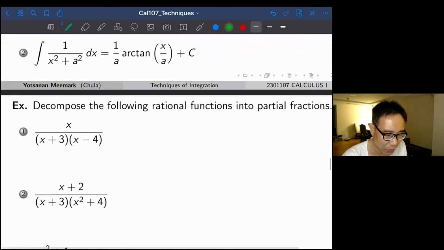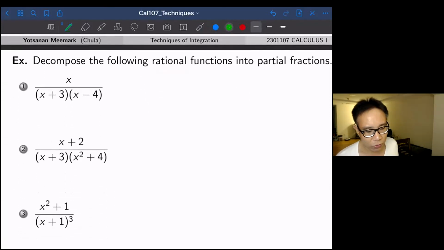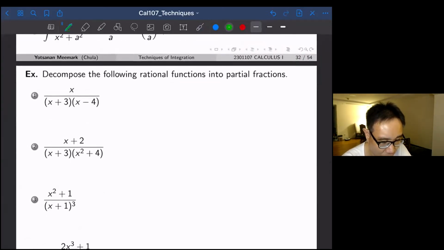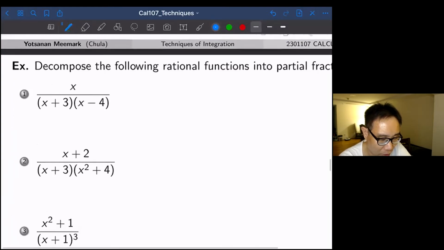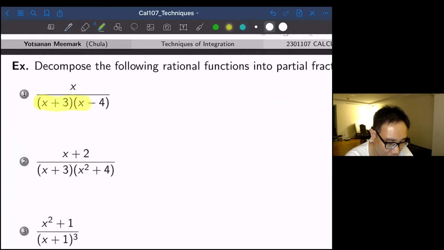So let's see what's going on here. We would like to decompose the following rational function into partial fractions. You first look at the denominator, x plus 3, x minus 4.